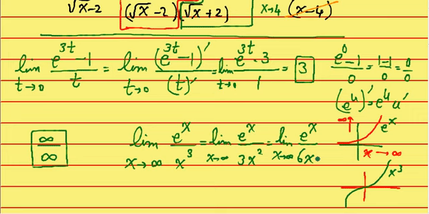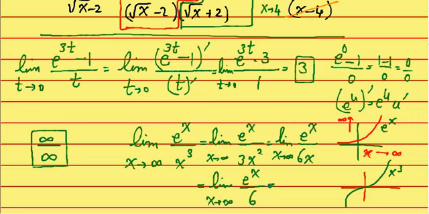Again, we are stuck with a similar situation. When x goes to infinity, that's still going to infinity, and 6 times x also goes to infinity. So we apply this one more round. The numerator is always stuck at what it was. The denominator is 6. X goes to infinity.